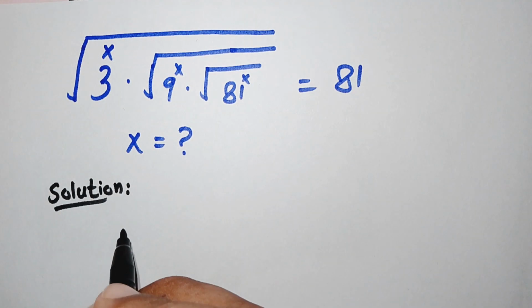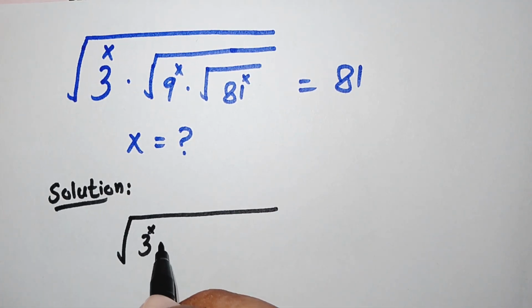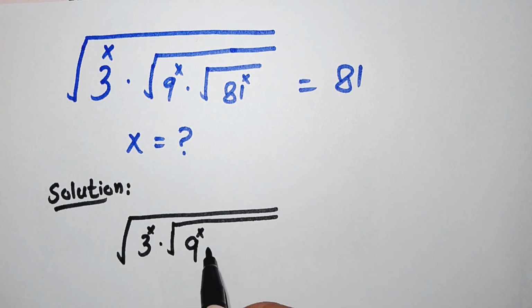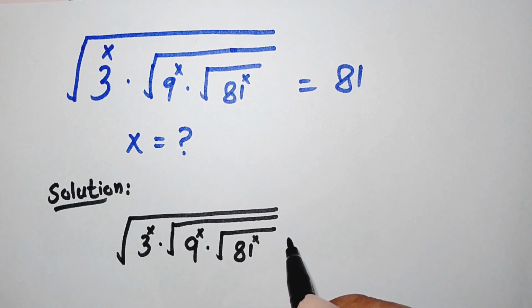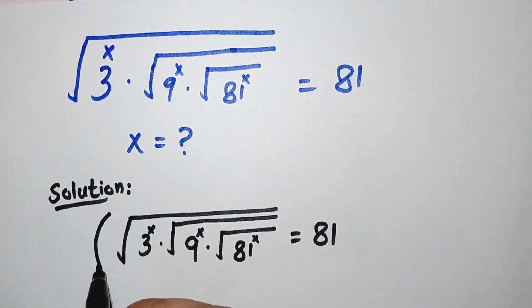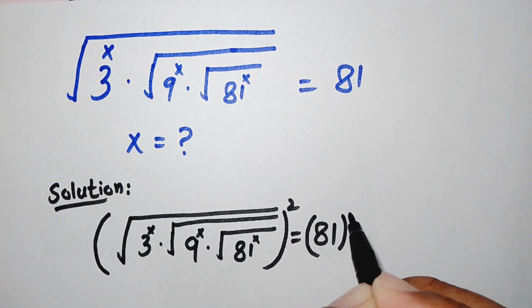The question is square root of 3 to the power of x times under square root of 9 to the power of x times under square root of 81 to the power of x, which is equal to 81. To solve this interesting question, we have to take square at both sides. So this side becomes square, and also we have to take square at this side.